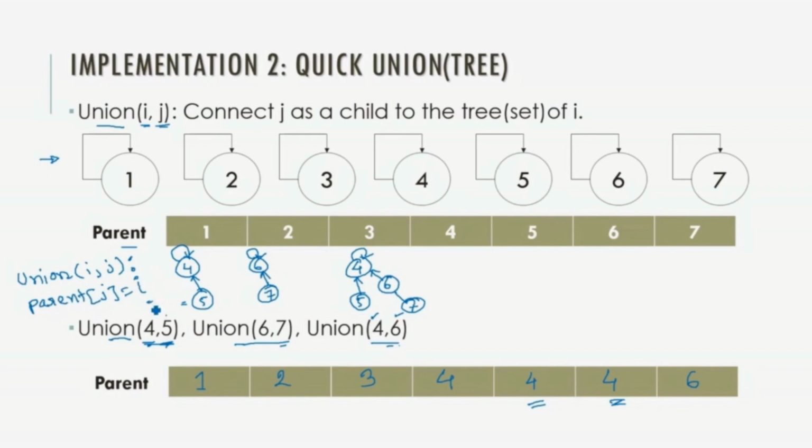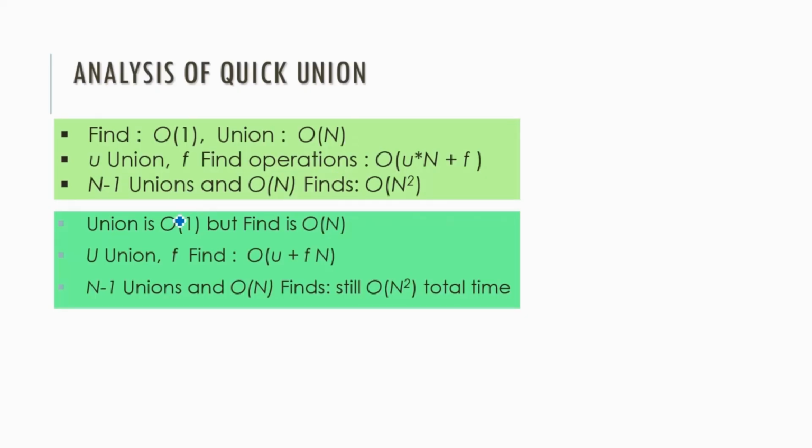The complexity will be big O of 1. So this approach provides us with an improved union operation with complexity of big O of 1, but the complexity of the corresponding find operation has become big O of n. For n minus 1 unions, we still need big O of n square total time.